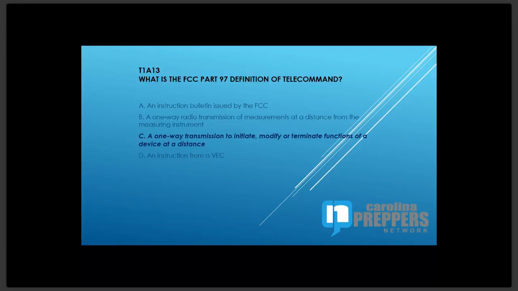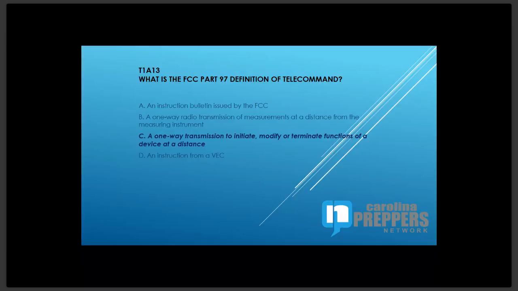So in this particular instance, that's how I would relate the difference between what command and telemetry is. Correlate command with telling something you're going to initiate an action or a process, you're going to modify the way that it's working or it's behaving, or you're going to terminate what it's currently doing.